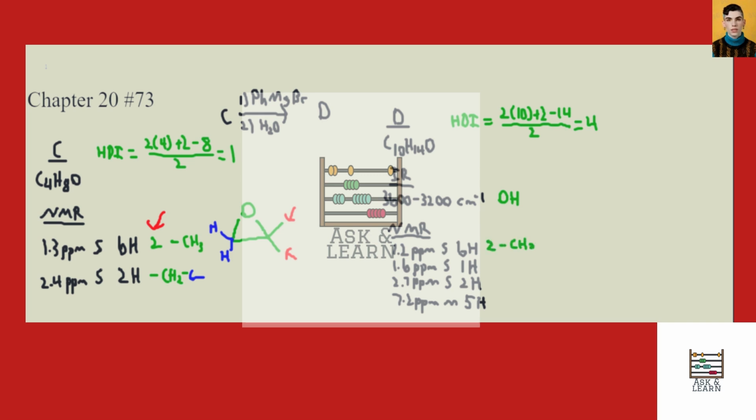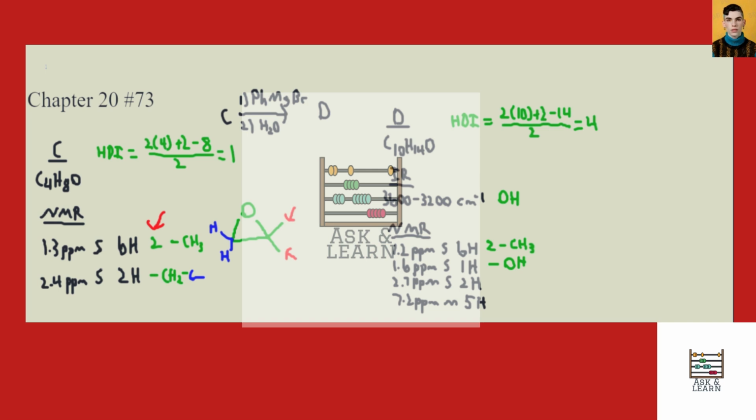That hasn't changed. The 1.6 ppm singlet with an integration of 1 might be the proton on our alcohol. We'll say that tentatively and maybe come back and change that.